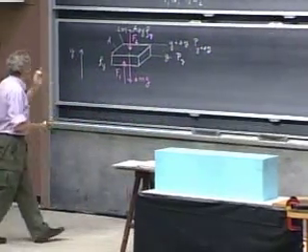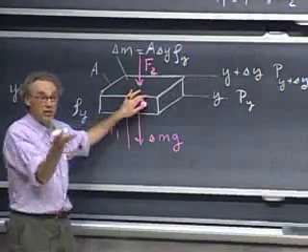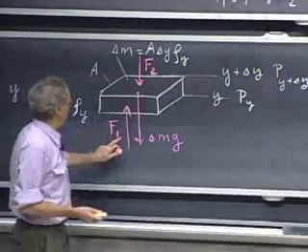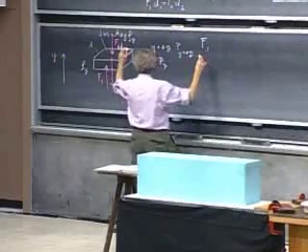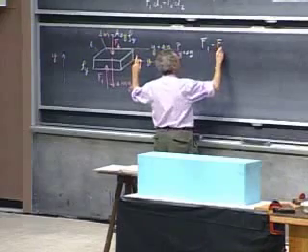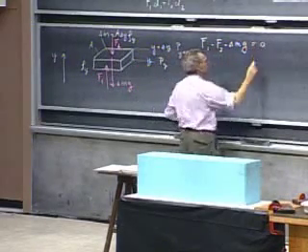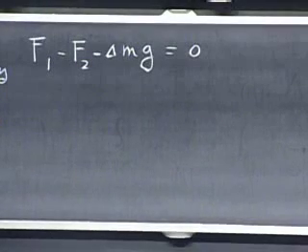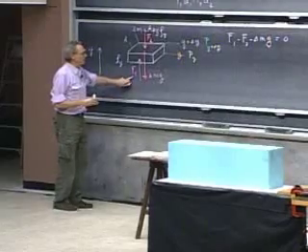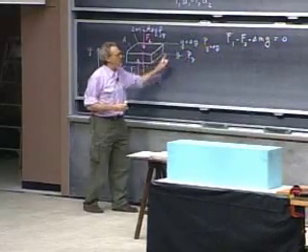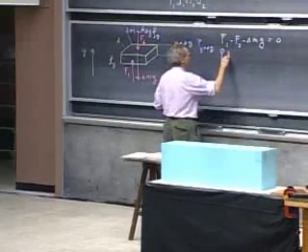So now there has to be equilibrium. This fluid element is not going anywhere, it's just sitting still in the fluid. And so I now have that F1, which is in this direction, minus F2, minus delta m g must be 0. Only then is the fluid element in static equilibrium. But F1 is this pressure times the area. So that is P at level y times the area.